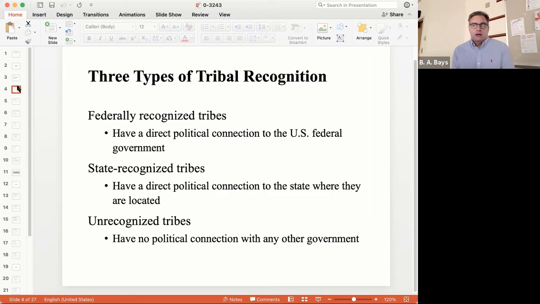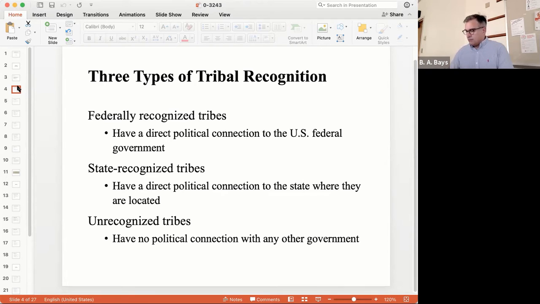In fact, federal recognition is really required for an Indian tribe to enjoy any of the benefits of sovereignty within the United States federal system.